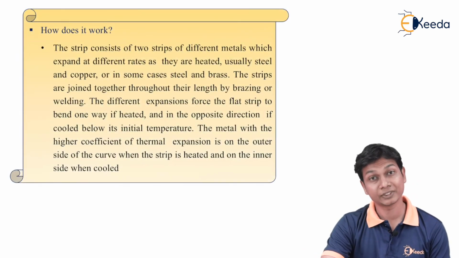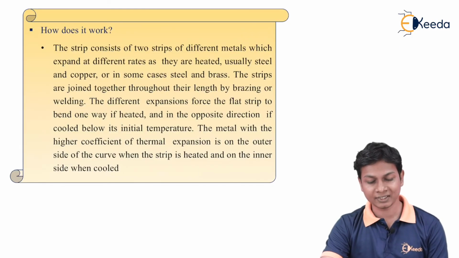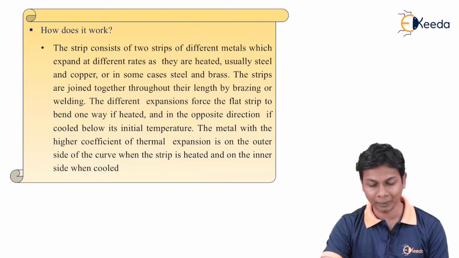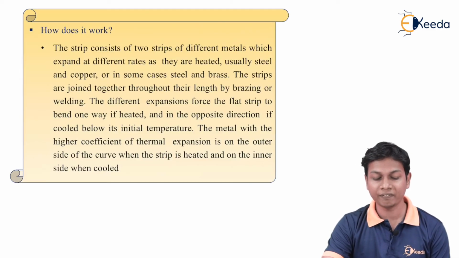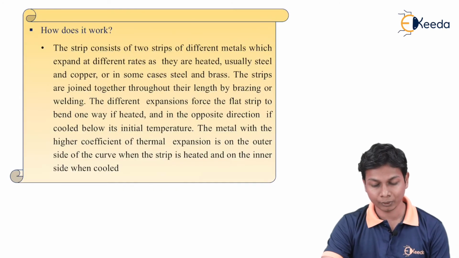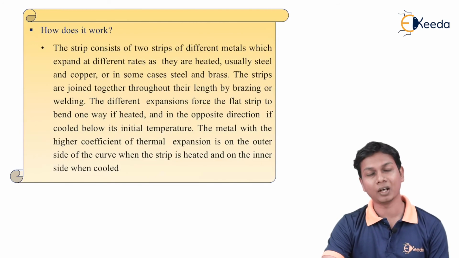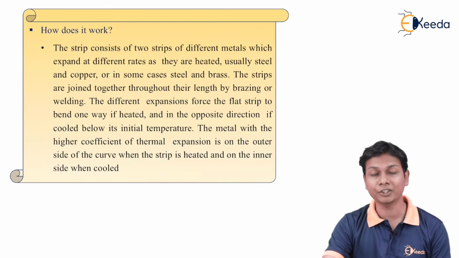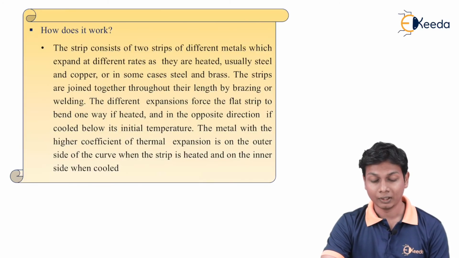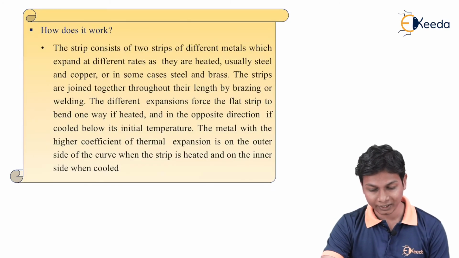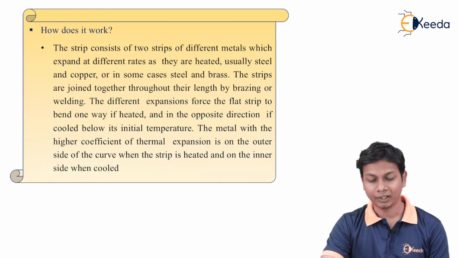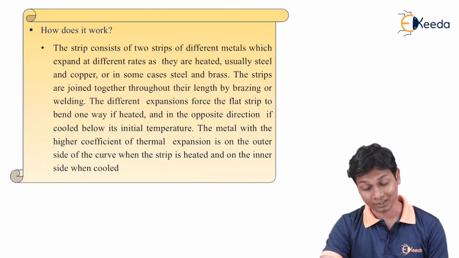Now it's time to see the principle of the bimetallic strip. It consists of two strips of different metals which expand at different rates as they are heated together. Meaning, if one metal is welded together with another metal, the rate of expansion with temperature is different for each. Usually steel is used with copper, and in some cases steel with brass.